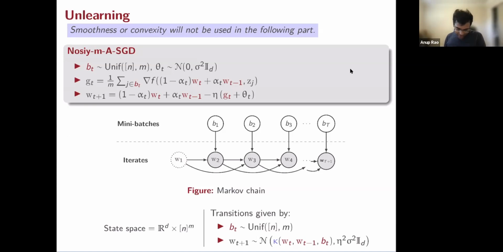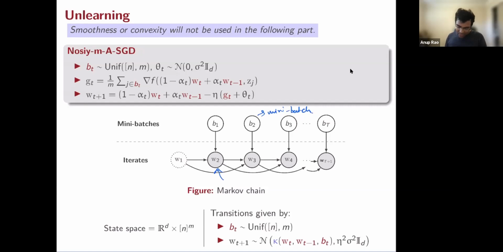And for accelerated stochastic gradient descent, there are many variables involved. There are the B_i's, which are the mini batch indices, and the actual model that we output, which are the W_1 to W_t at various iterates.